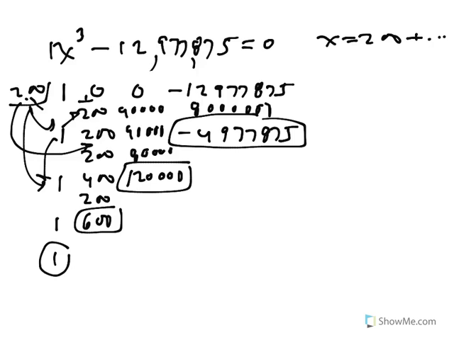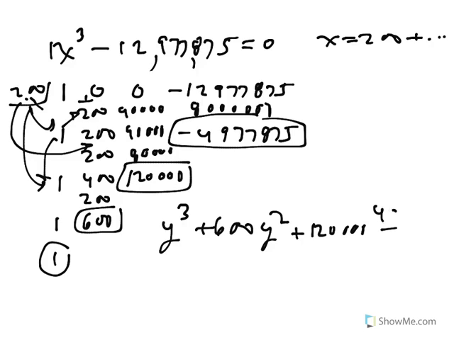What's happened? Well, these numbers become a new polynomial, which I'll write as y cubed plus 600y squared plus 120,000y minus 4,977,875 equals 0.